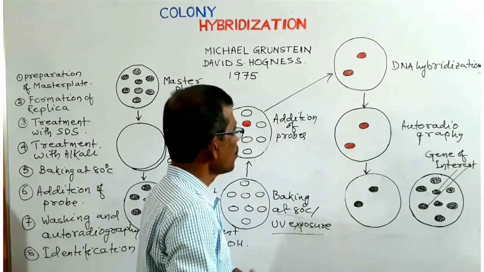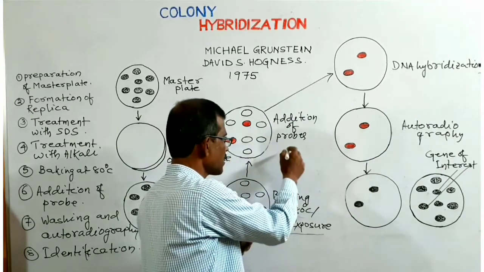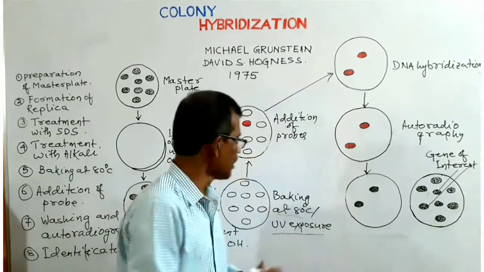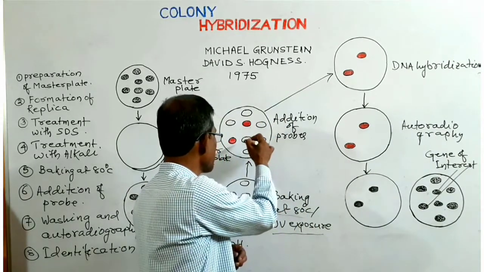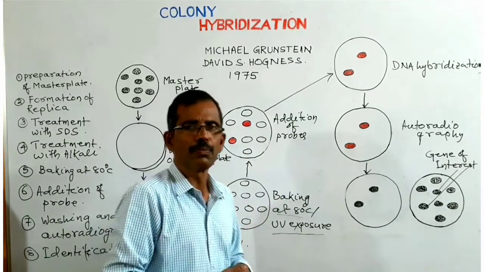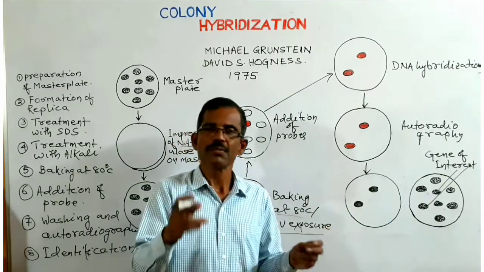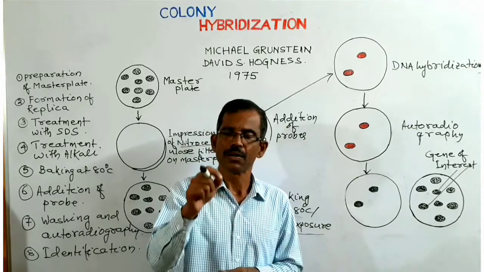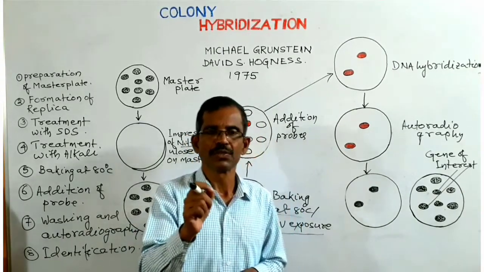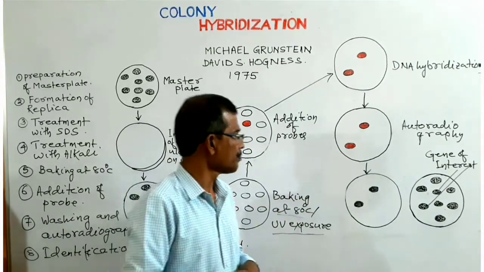By treating this nitrocellulose filter with radioactive probe, hybridization occurs between the specific DNA present in the bacterial colony and the radioactive probe. So we can easily visualize which bacterial colony contains the recombinant DNA or the specific gene. That is the main objective of colony hybridization.